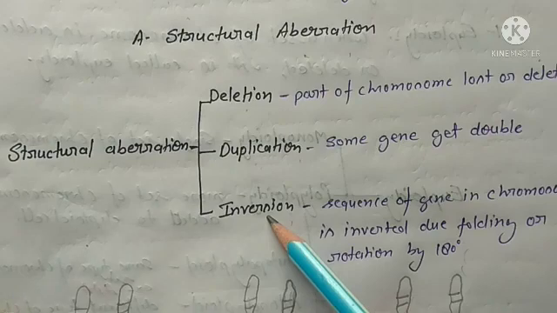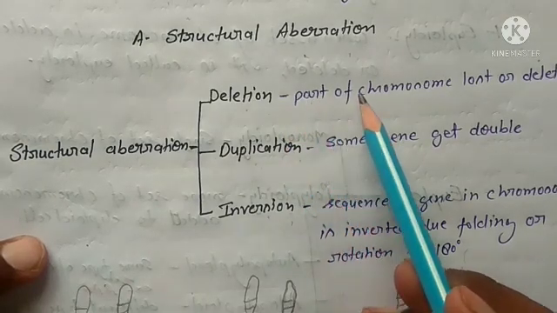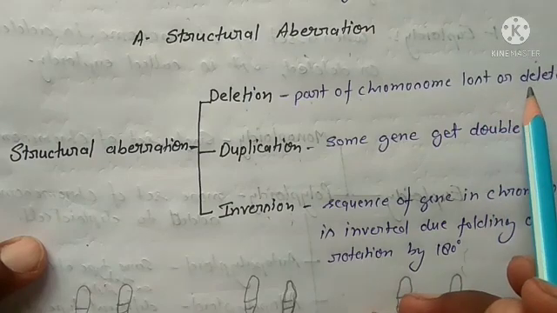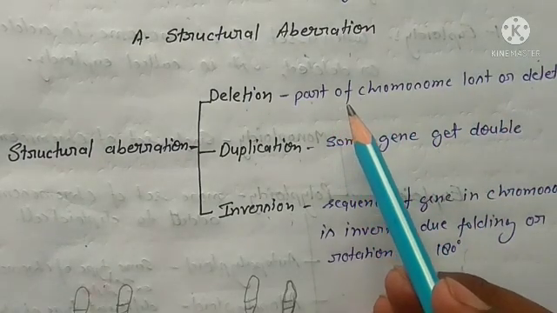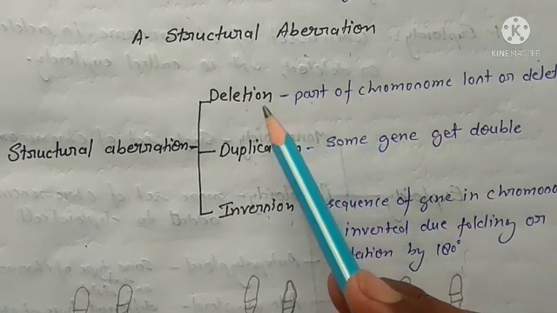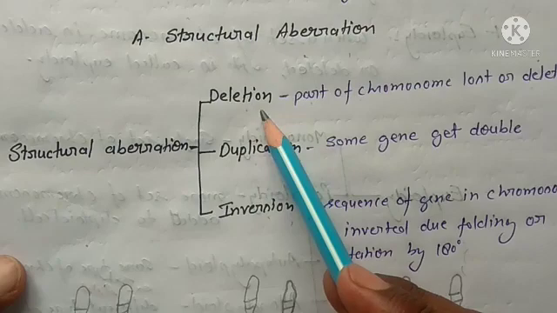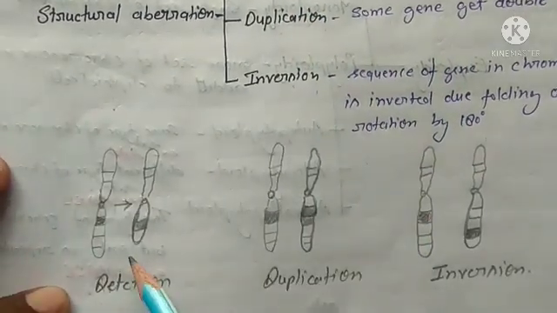When a portion or part of the chromosome is lost, that type of structural aberration is called deletion. Clear here? For example, look at this place, this is the deletion.